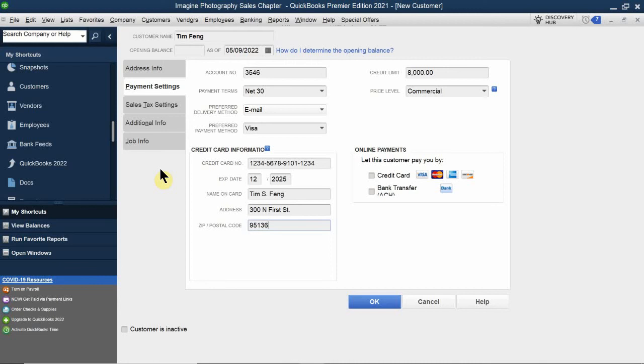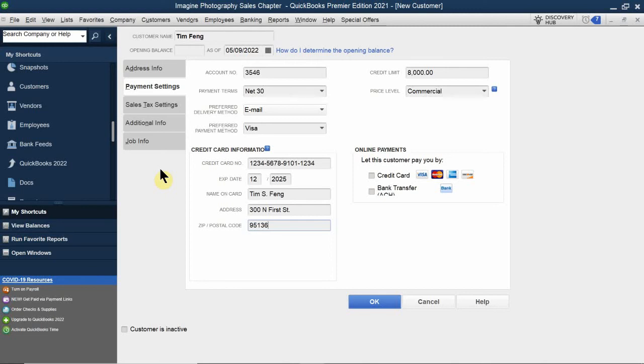Now, what are the chances that you have a Tim S. Fang and another Tim S. Fang, right? Maybe not that high of a chance, but it's not like it will never happen, right? Because you can always have someone like John Smith, John Smith Sr., John Smith Jr., John Smith the third, John Smith the fourth.